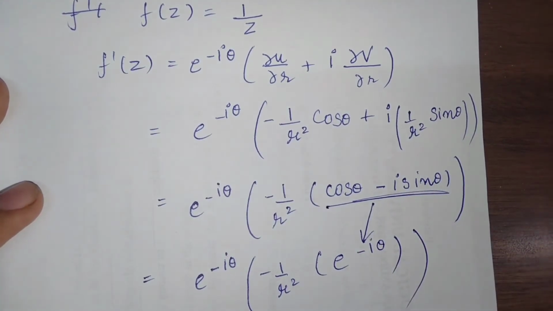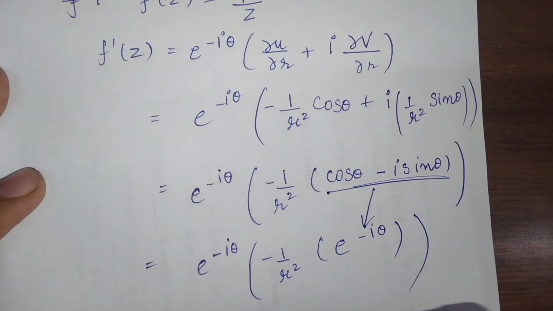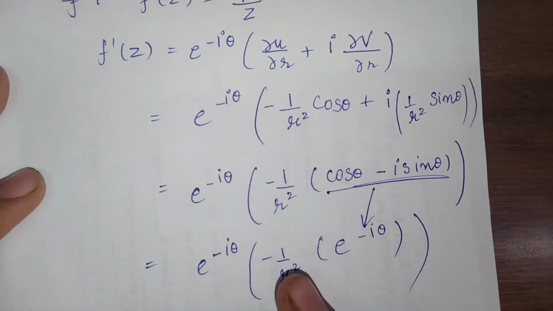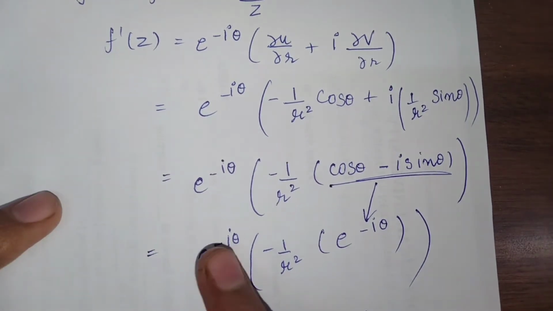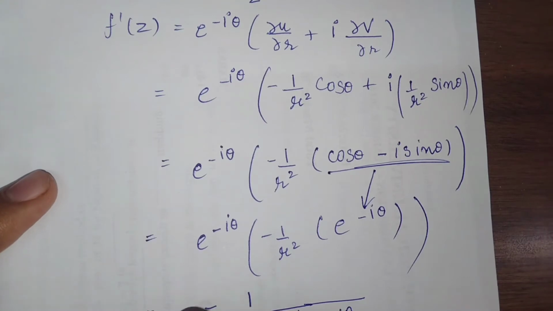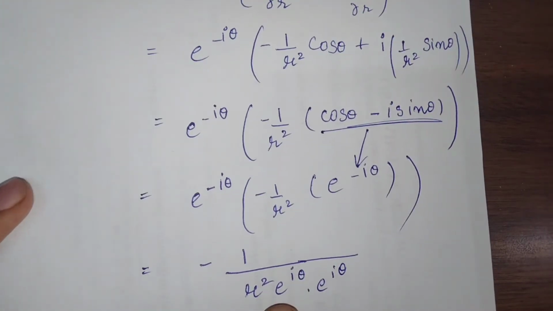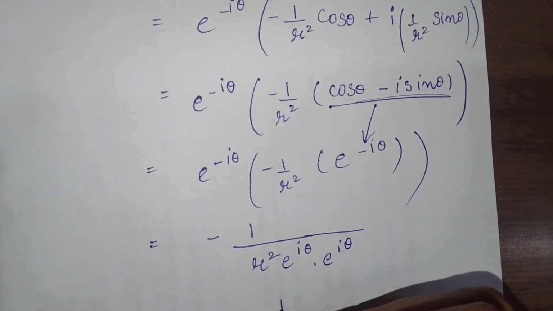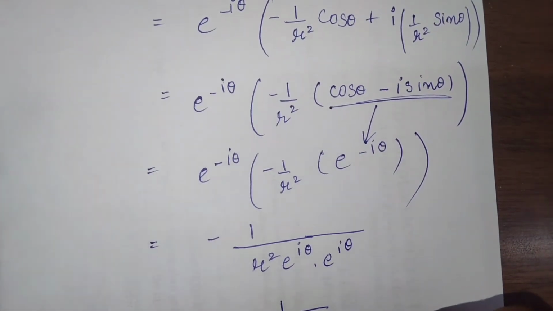So I can write minus 1 by r square e raised to minus I theta into e raised to minus I theta. If I take both these terms to the denominator part, then it will be positive. That is minus 1 by r square e raised to I theta into e raised to I theta, so that is equal to minus 1 by r square e raised to 2I theta.